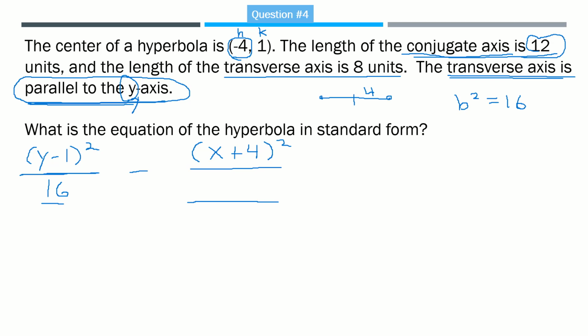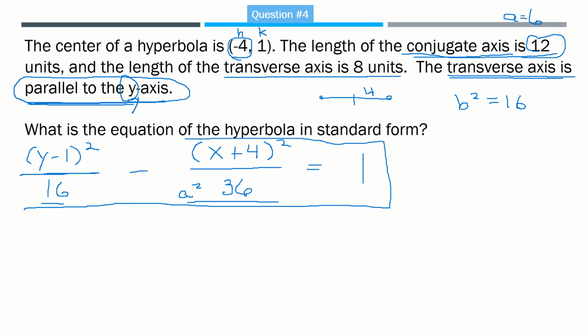Half of that is 6. So a is going to equal 6, and a squared goes down here. 6 times 6 is 36. And that's going to equal 1. So this is our equation of our hyperbola in standard form.